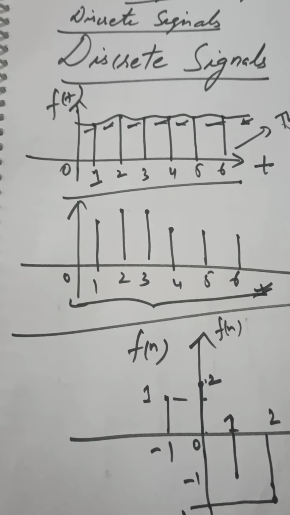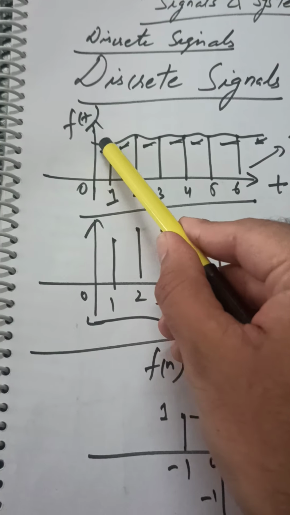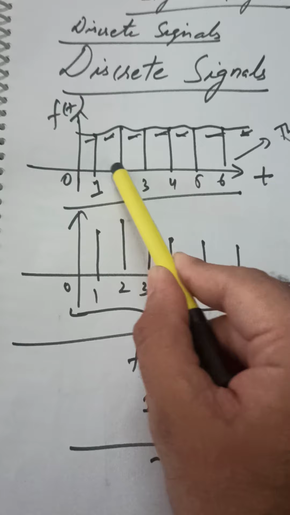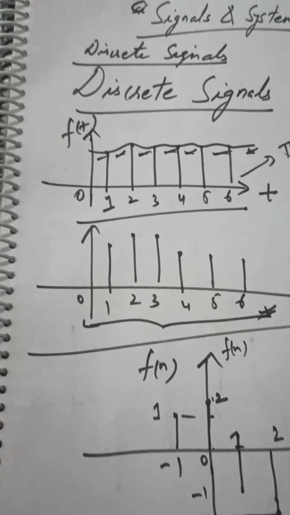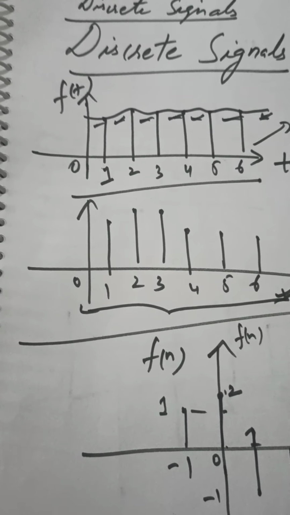So, have a look at this signal. This is continuous in time as well as in amplitude. Are you getting it? This is continuous in time as well as in amplitude.